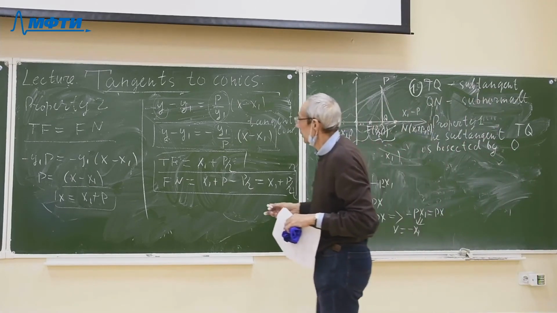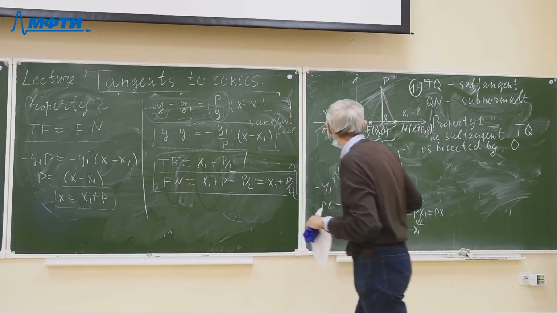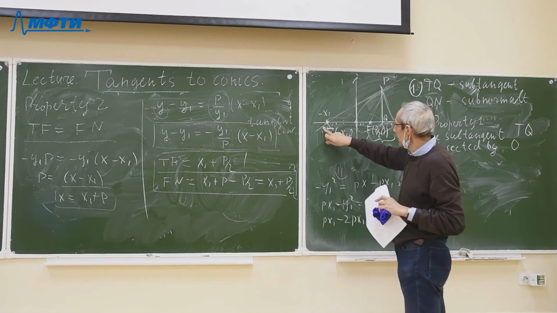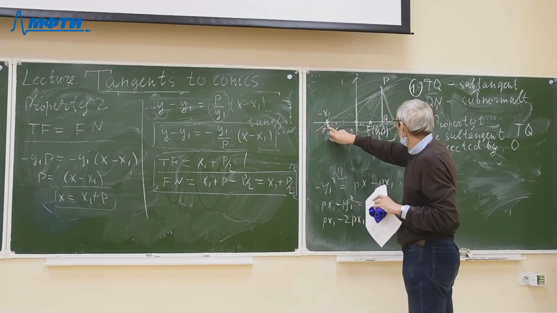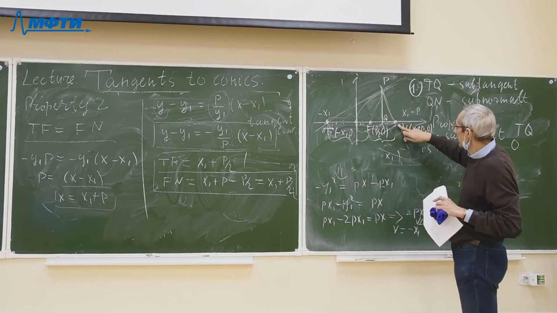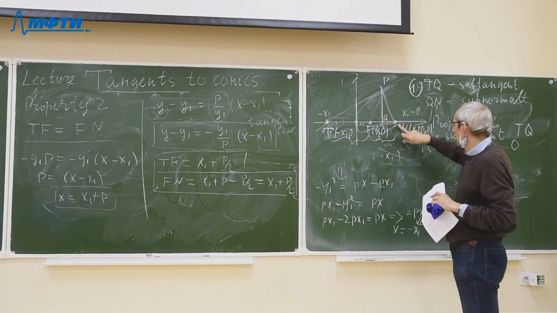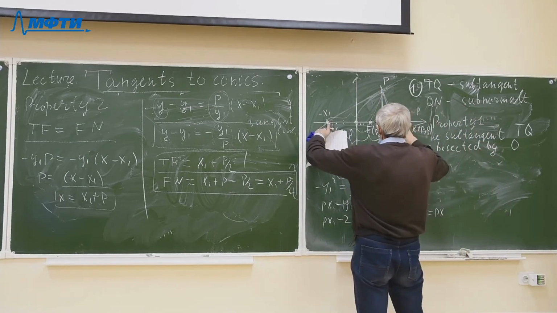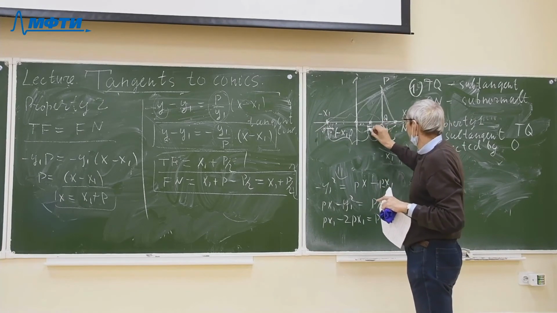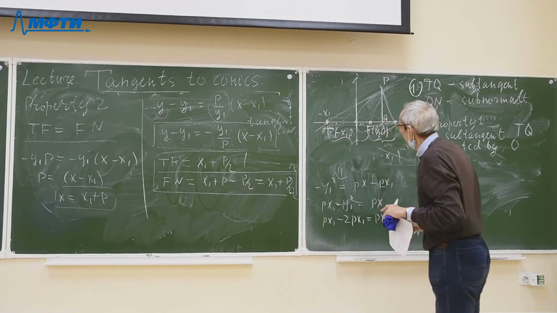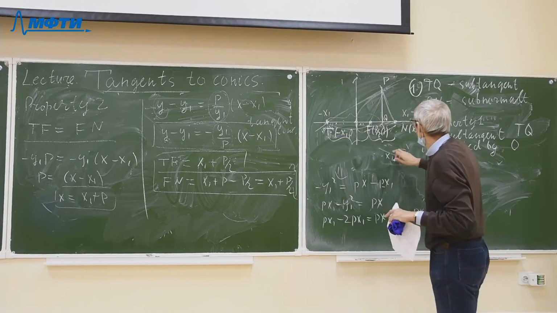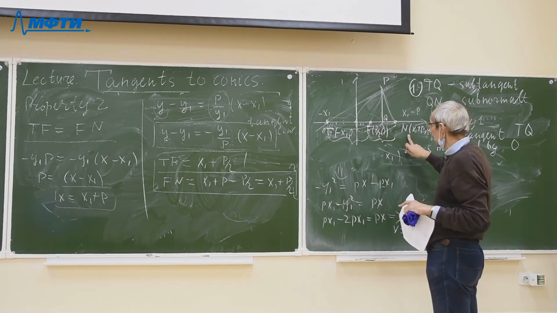And property 2 asserts that for the segment TN, T is the intersection point of the tangent straight line and the axis OX, and N is the intersection point of the normal straight line. This segment is divided into equal parts by the focus. And we assert this distance between T, F, and the distance between F and N.